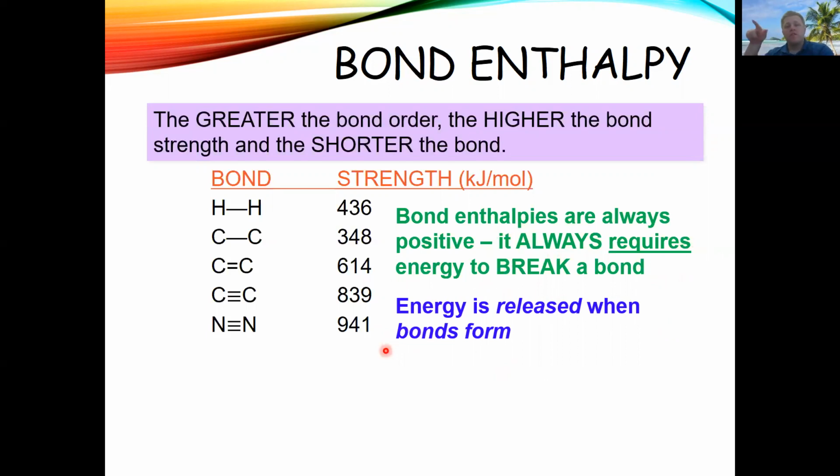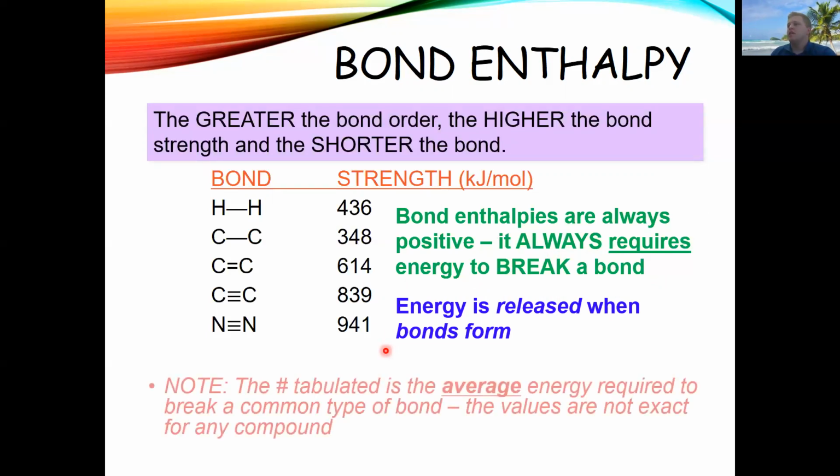Now the reason this method is less good than the methods we talked about during the last lecture is that these bond energies for, say, a carbon-carbon bond is just the average bond energy found from breaking a bunch of different carbon-carbon bonds in a bunch of different molecules.